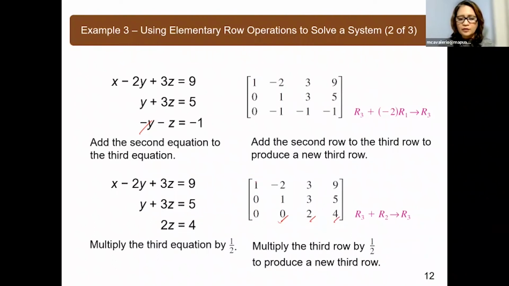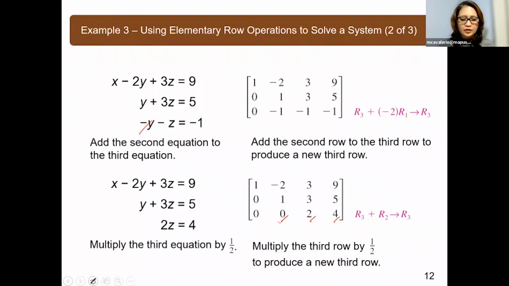Now notice that we already have here the leading one, and below it are zeros. And then we have the next leading one, and below that one is also 0. Now we only need to convert 2 to 1 by multiplying row 3 by 1/2. So here, multiply the third row by 1/2 so that this becomes 1 and 2.